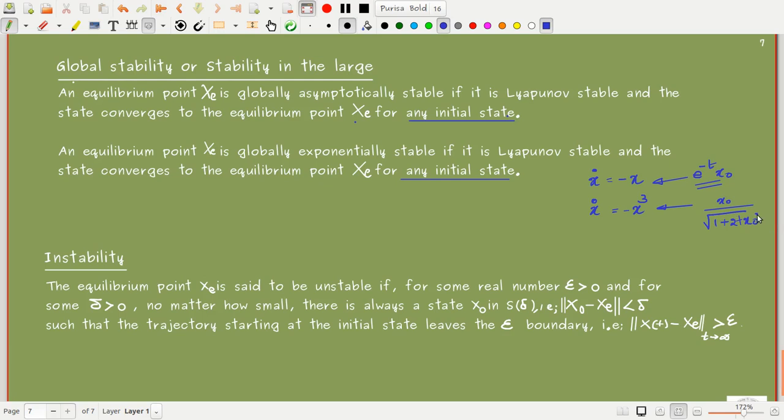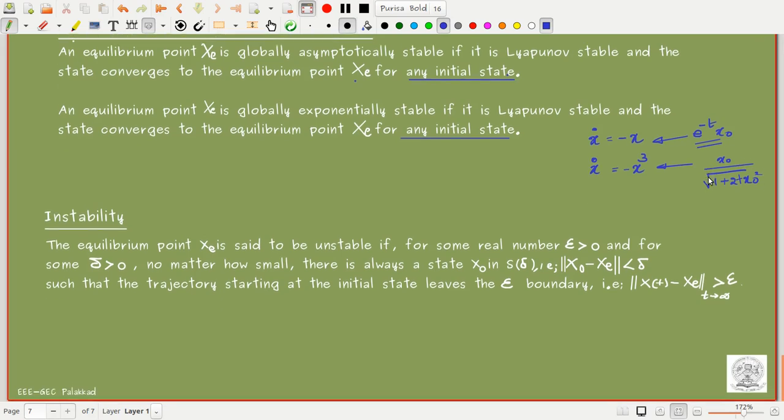So it is of this form. This does not give an exponentially decreasing solution. Here there is an exponentially decreasing solution. That is the difference between the exponential stability and asymptotic stability of a system.